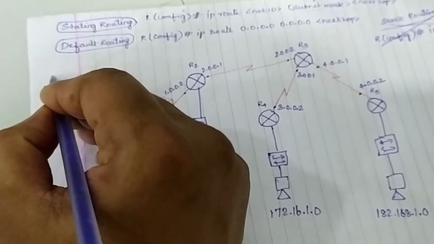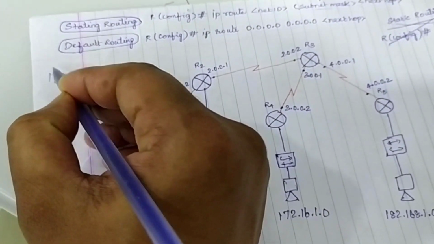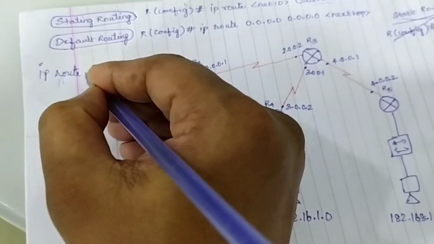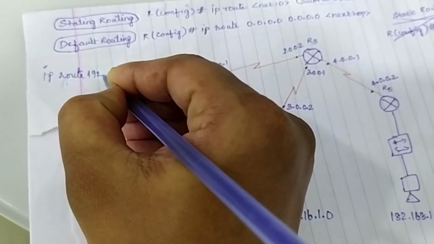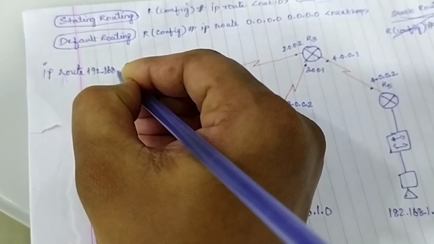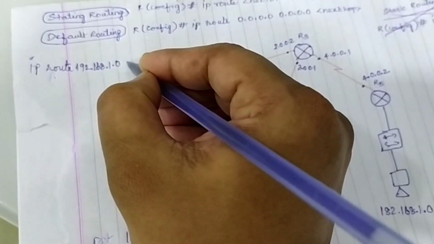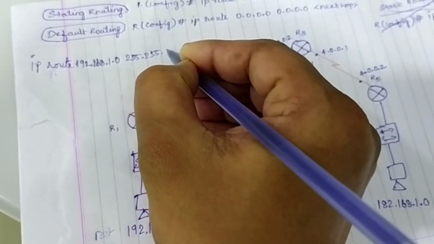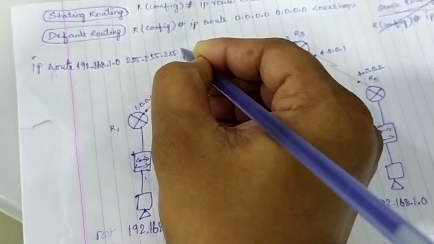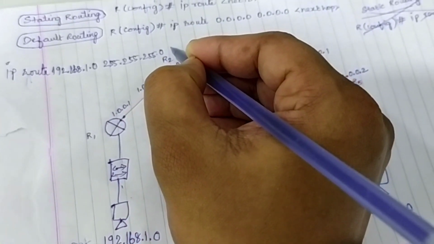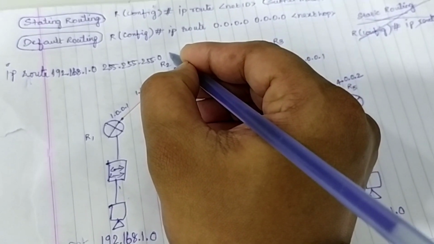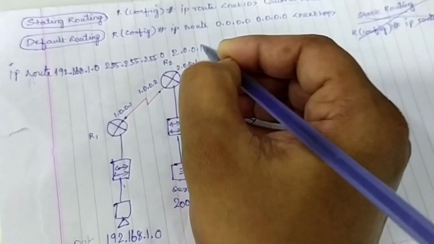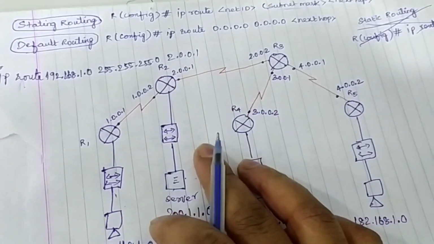Right? Then the command is, shall I write the command here? IP route 192.168.1.0 255.255.255.0, and what is the next hop? 2.0.0.1.